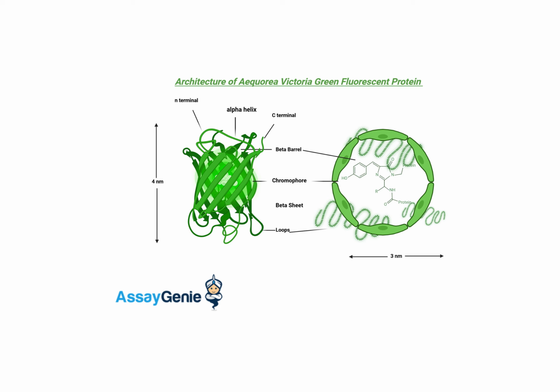But this only works if their spectra overlap in a very specific way. So they have to be compatible. Exactly. You need to choose what's called a donor FP and an acceptor FP that are compatible. So it's like a molecular dance. Yes. If they're close enough, they can transfer energy to each other, and we can see that transfer as a change in fluorescence. That's such a clever way to study protein interactions.